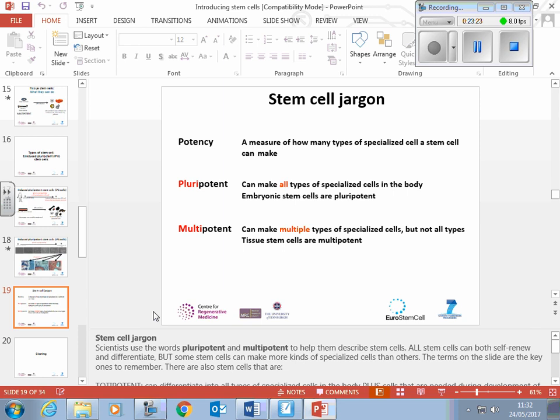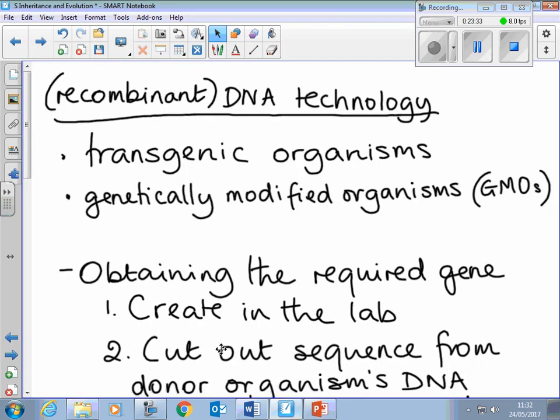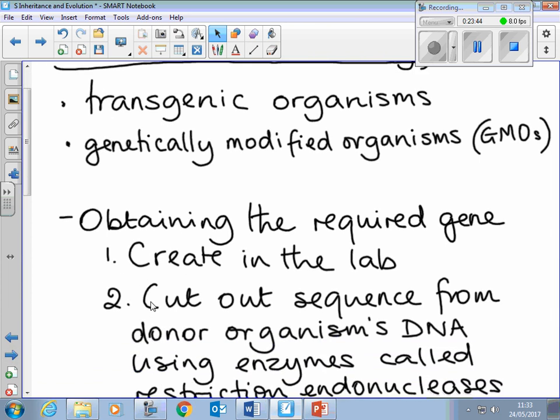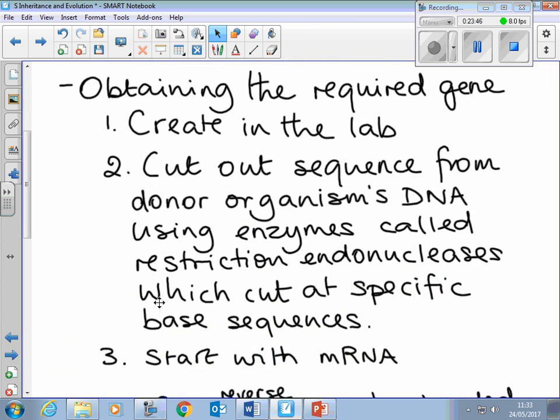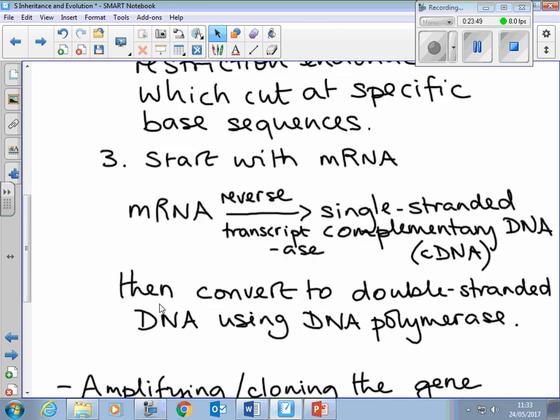Okay, now, trying to think where I would have gone from there. The next bit that we have on here, the recombinant DNA technology, yeah, that was mostly in your notes, and that is largely related to the assignment rather than the exam.